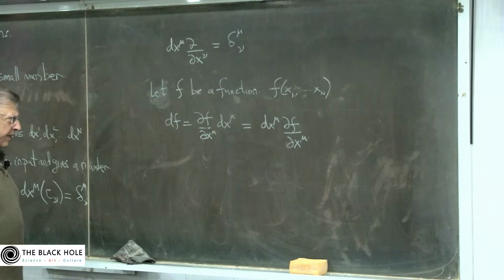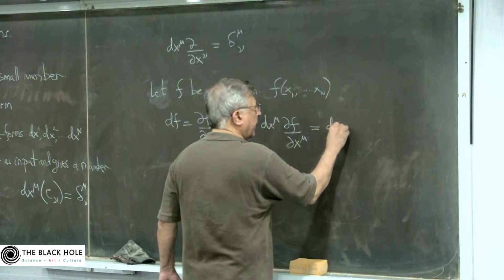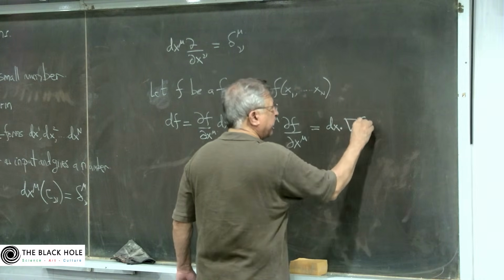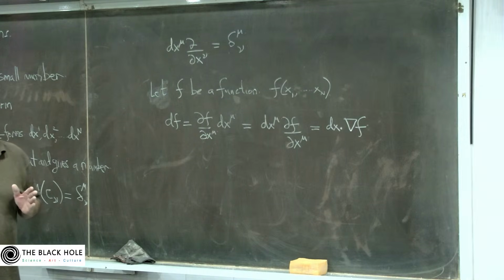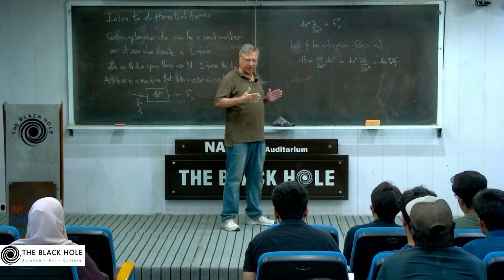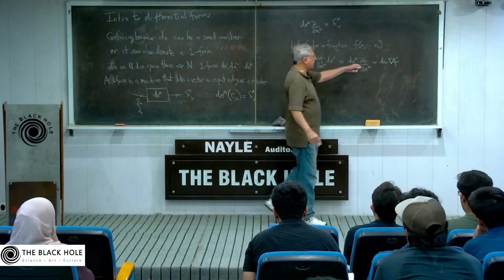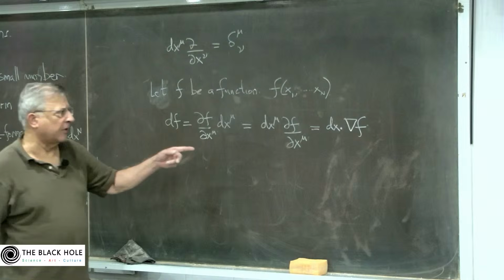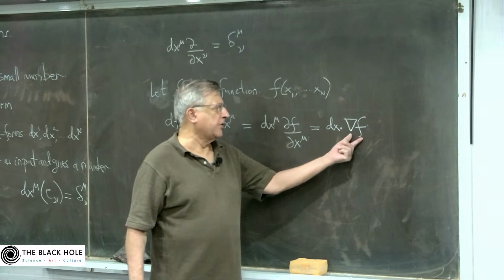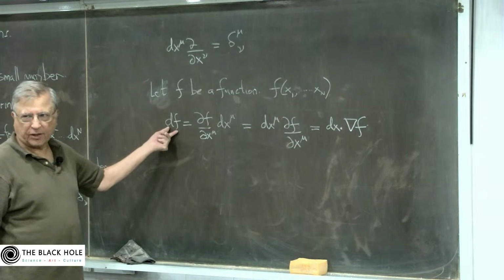And this is also what we call dx dot grad f. So the gradient of the function is the direction in which it is increasing fastest. When we dot it with that, we get a scalar. So for example, if this is the force, then this will be f dot dx. This will be the small amount of work that is done.